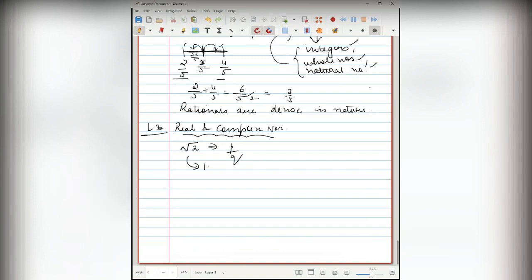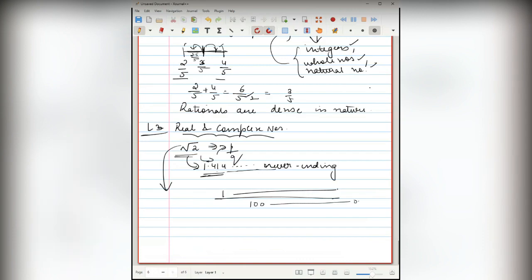Root 2 is basically 1.414 and this is unlimited, it is never ending. Even if nobody knows the value of root 2, I am telling you this value 1.414 goes on. Can I write this in the form of p by q? No, I cannot, because I don't know where it will end, and I cannot divide it by so many zeros, since it is never ending. So how many zeros will I keep?